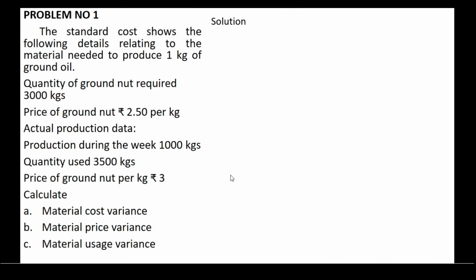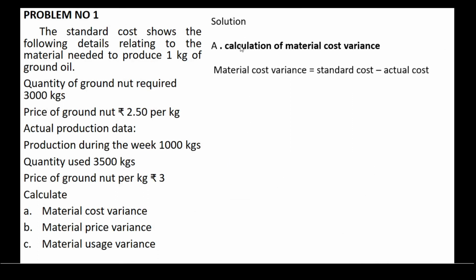This is the solution. First, the calculation of material cost variance. The formula for material cost variance is standard cost minus actual cost. Here the standard cost means standard quantity into standard price, minus actual cost, which means actual quantity into actual price.